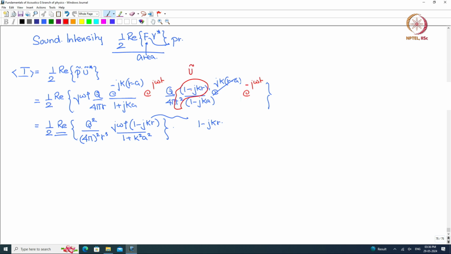There of course it was plus jkr; here because of the power expression we have to take minus jkr. But this part, 1 by r square, is coming from the near field, whereas jk over r is coming from the far field.